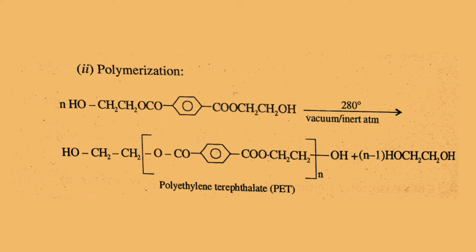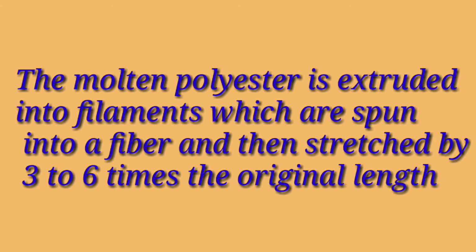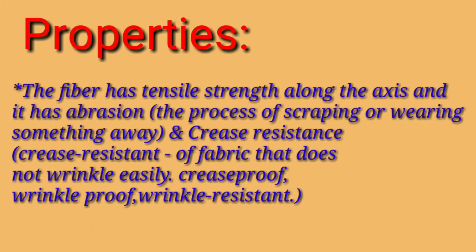The ethylene glycol molecules are eliminated during this ester exchange reaction. The molten polyester is extruded into filaments, which are spun into a fiber and then stretched by 3 to 6 times the original length. Consider the following properties. The fiber has high tensile strength along the axis and it has abrasion and crease resistance.